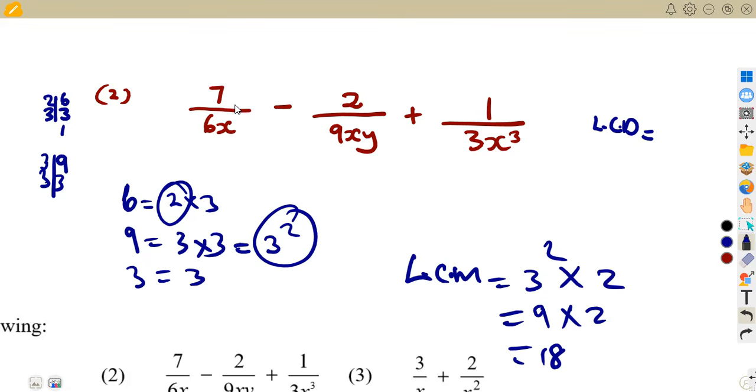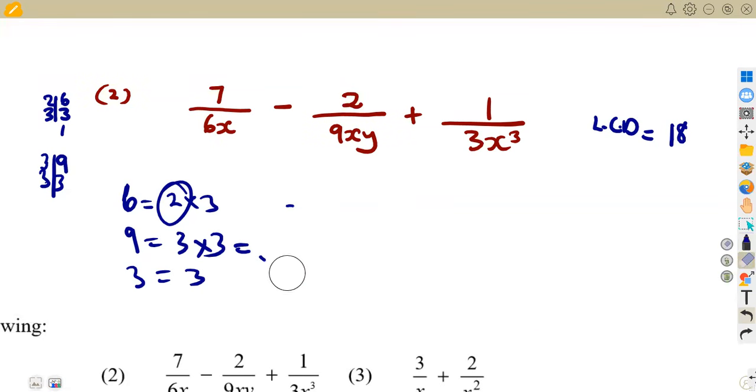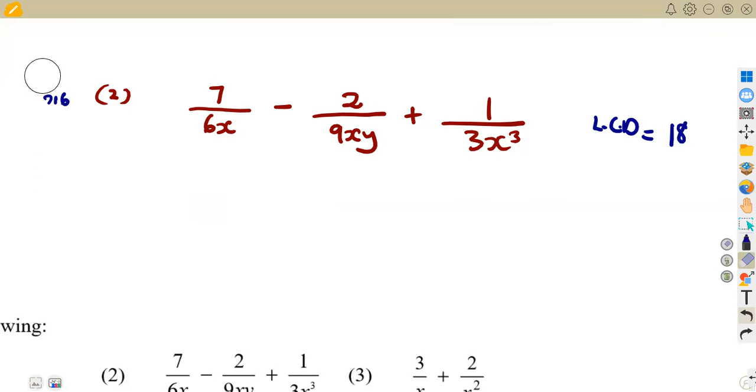We talked about this in our grade 9, so there's no need for you to stress yourself, okay? So this 18 that we are talking about here is our LCD in terms of the numbers. The LCM is the same thing, but I was referring just to the numbers in this case. Remember, we have got letters also, we've got variables also. We have got x, we have got x, we have got x to the exponent of 3.